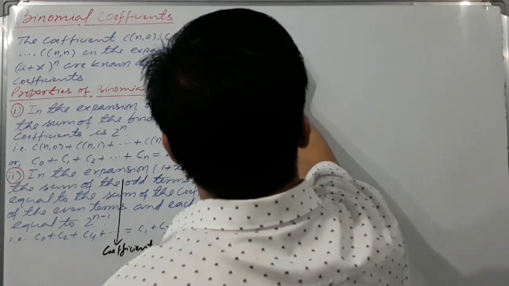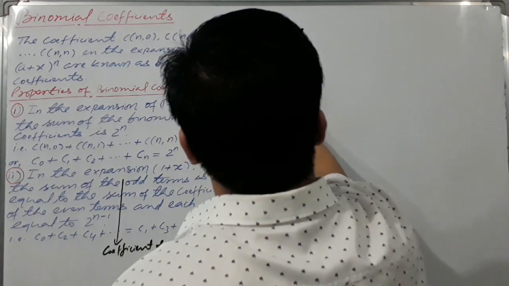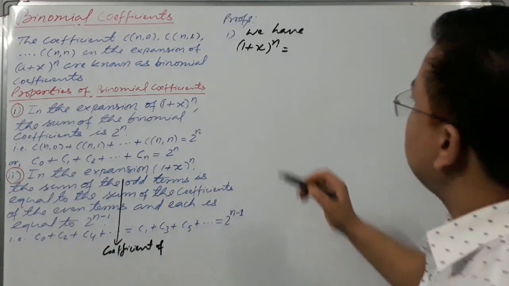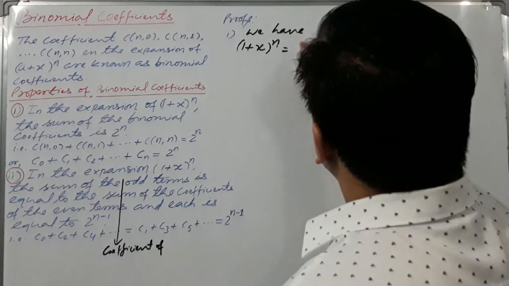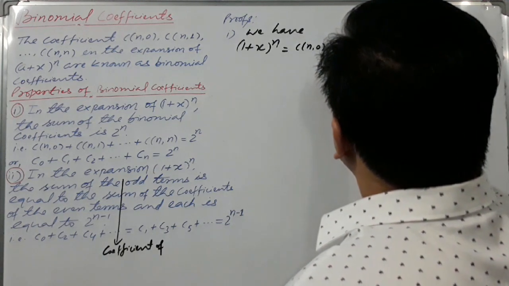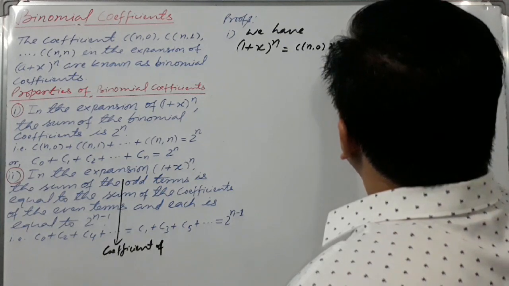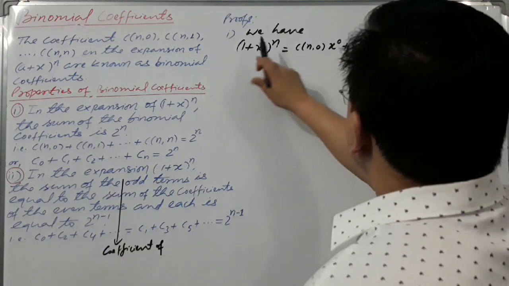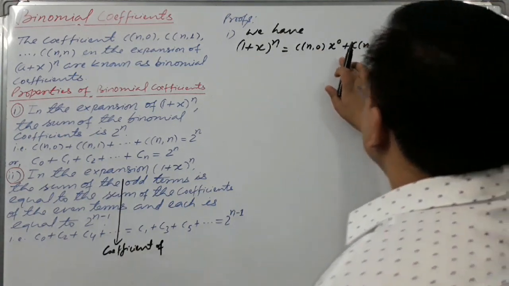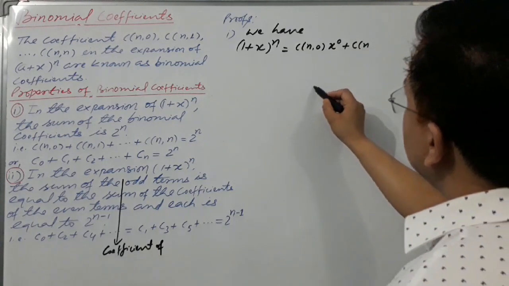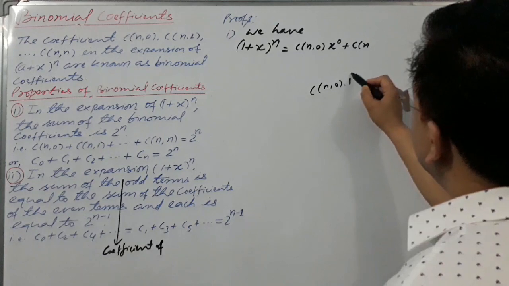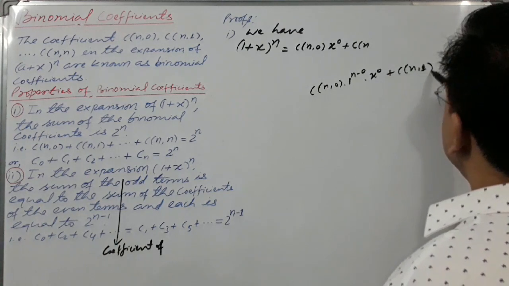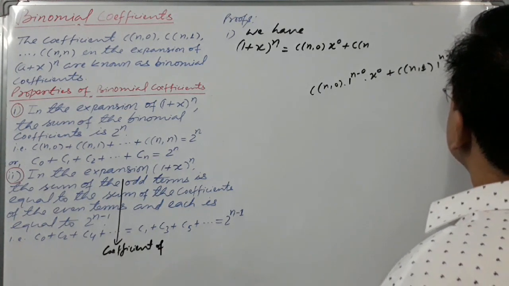See, we have (1 + x) raised to power n, which you can expand this way: C(n,0) x raised to power 0, plus C(n,1) and 1 raised to power n minus 1 times x raised to power 1.